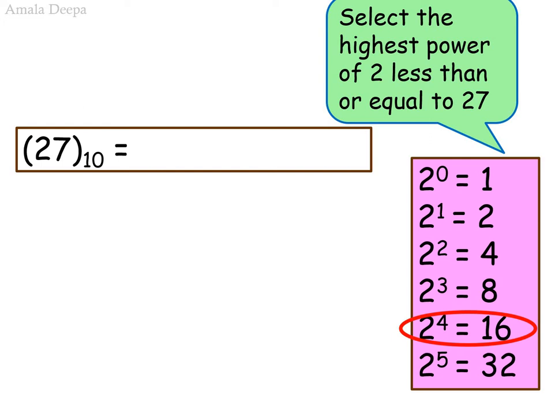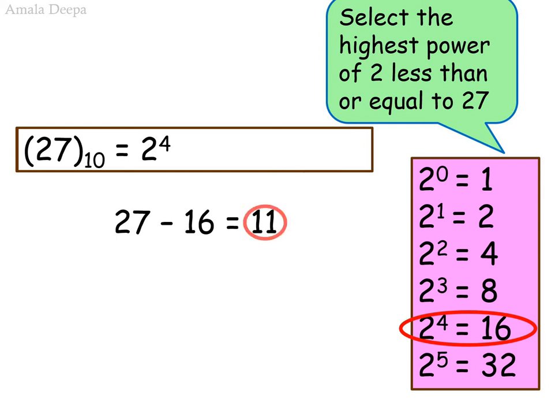You cannot select 32 because it is greater than 27. So take 2 power 4 and write it here. 27 minus 16, that is 2 power 4, is equal to 11.